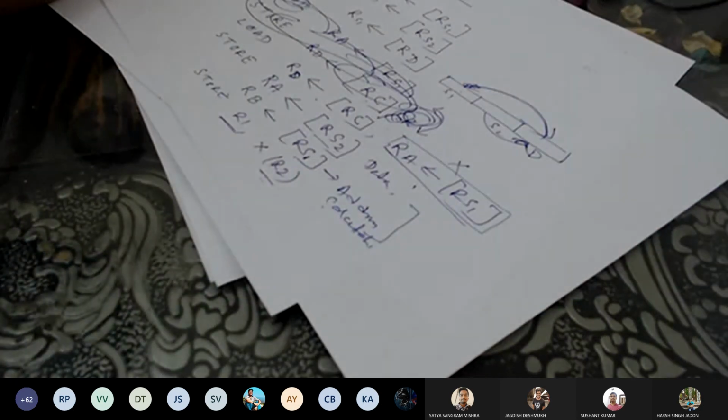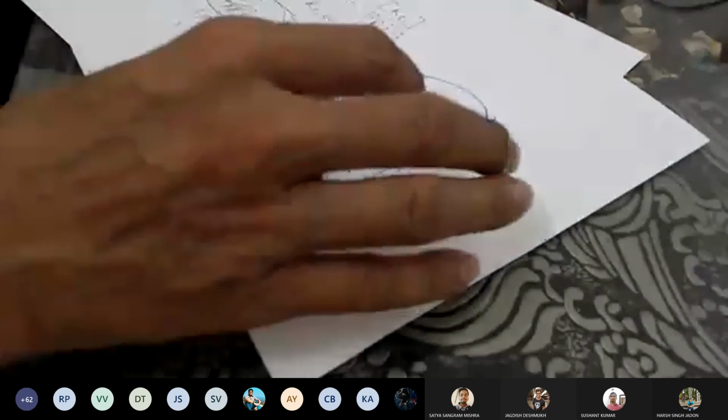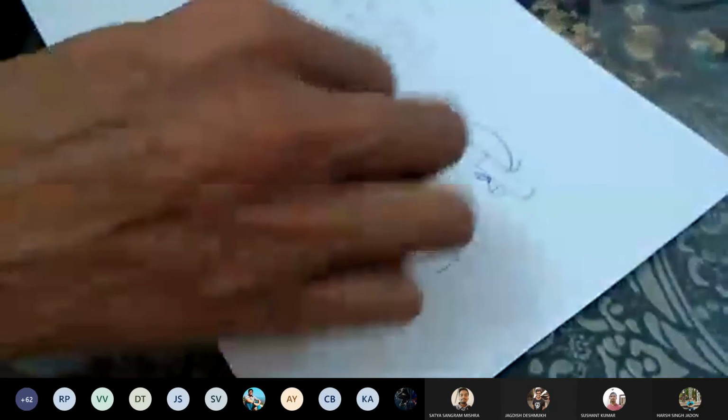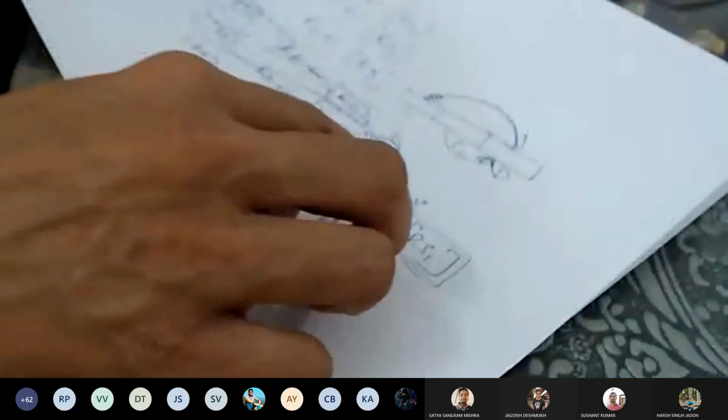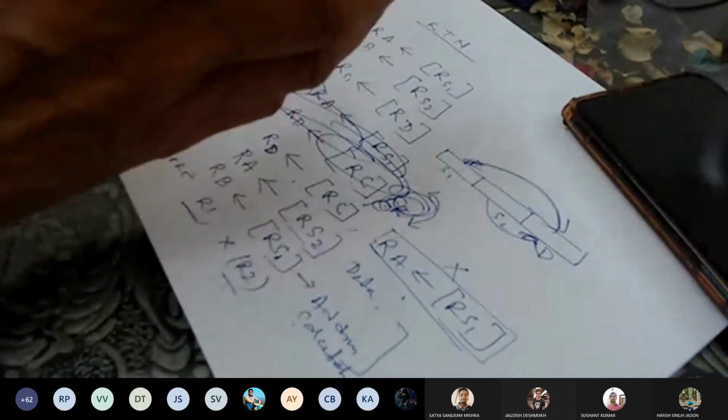Hello? Yes, sir. So what I want is that you explore all these options. Don't limit yourself to whatever I am asking to do for the transfer. You can also think about your own way of doing this. The ultimate aim is to understand how the register transfer happens.